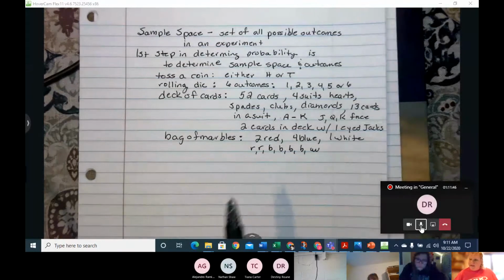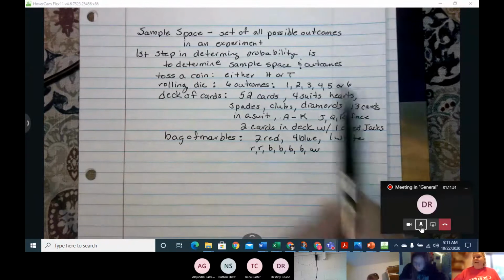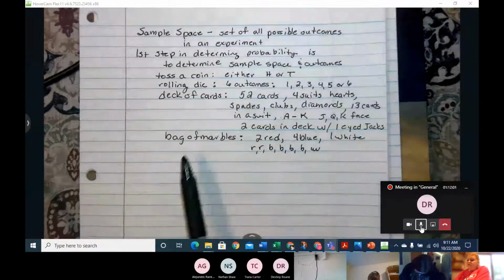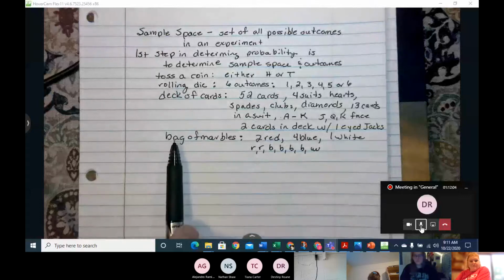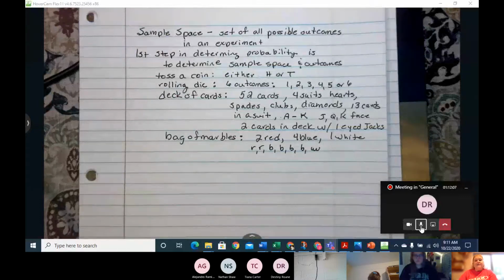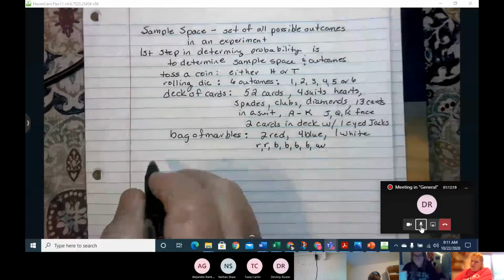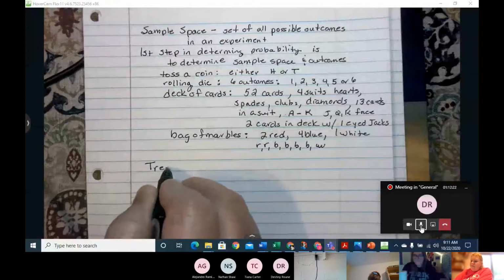So again, that is one of the first steps of trying to determine what's going to happen in your experiment, is to determine what your outcomes are going to be. So that is finding your sample space depending on the type of experiment that you have. That's one of the first things that you have to be able to do in terms of probability, is to find that sample space. Now, there is a technique that you can use called a tree diagram.